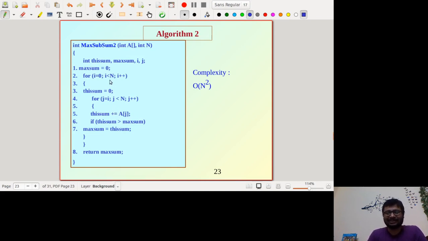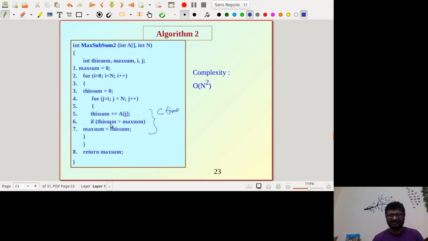So its complexity is order of n squared. Why? Because in a particular iteration of the outer for loop, the number of iterations in the inner for loop is n minus i. And in each iteration, it does some amount of work, c time. c is some constant that does not depend on n.